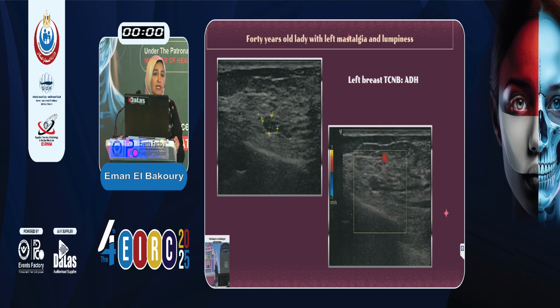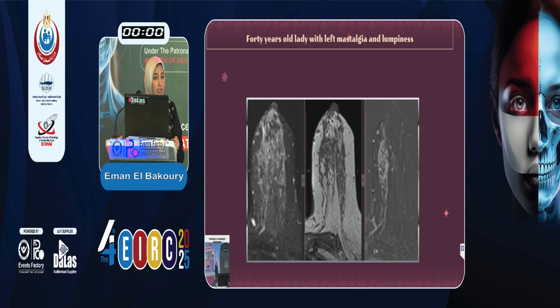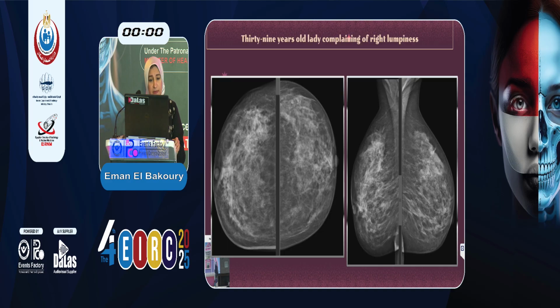So this is actually a discrepancy between the size of the lesion upon ultrasound and the mammogram. So we went for MRI, in which we can see this segmental central inner non-mass enhancement correlated with the full extent of the calcification present in the mammogram. And upon mastectomy, it showed DCIS. The ADH was upgraded to DCIS.